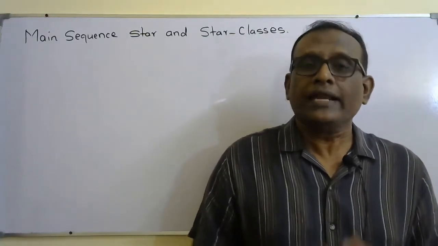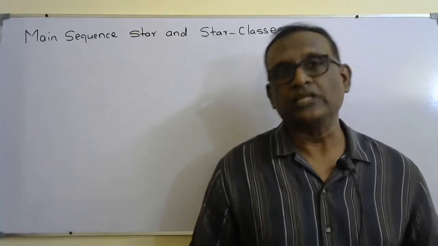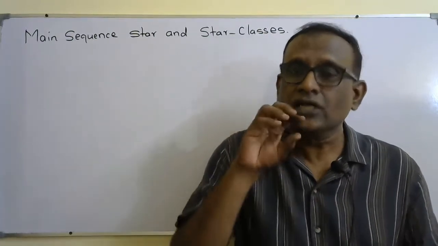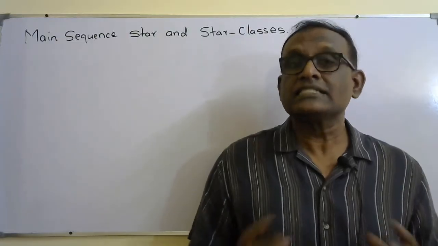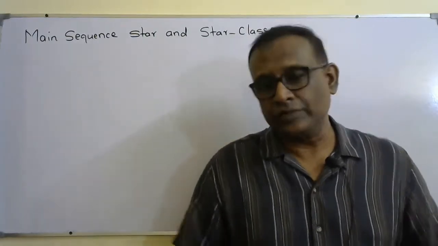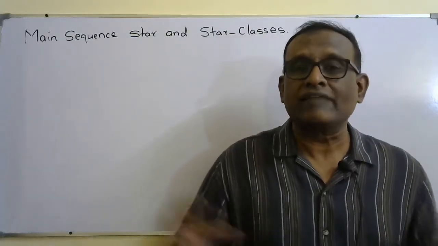Okay, so when a star is in main sequence, where significant amount of hydrogen fusion occurs in the core of the star, the star experiences two different types of pressure. The first is due to inward gravitational pressure.